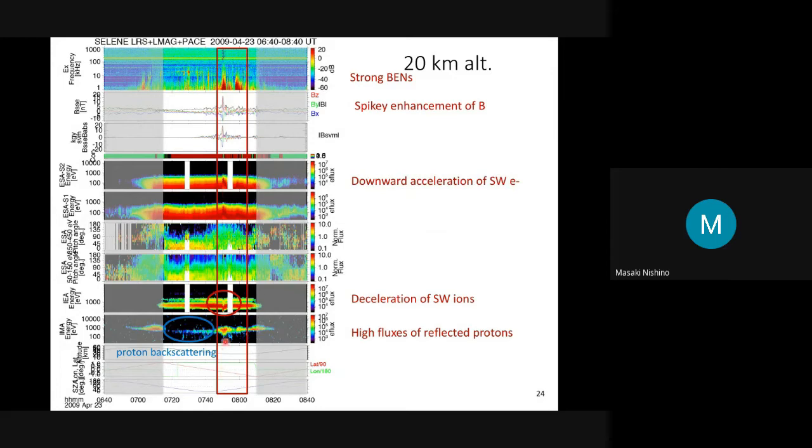And of course, very high fluxes of reflected protons right above the strong magnetic anomalies were detected. So anyway, incident solar wind ions are decelerated, and on the other hand, solar wind electrons are accelerated downward. It means there should be an upward electric field formed.